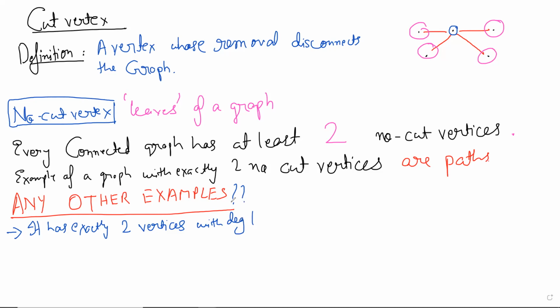So he's saying that any such graph. Okay, so you were saying start with a cycle, then, but this will have many no cut vertices, right?